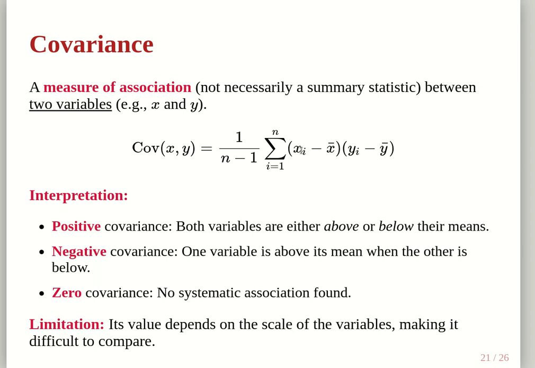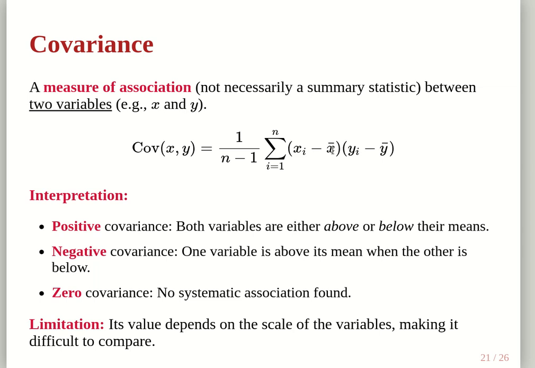So the idea is that for each individual index that I have here, I'm going to look separately at the values of my variables x and y. I'm going to look at how they differ from the respective means. So maybe I'm looking at the observation I have for participant 1, and I want to see how they perform in relation to the average test score.